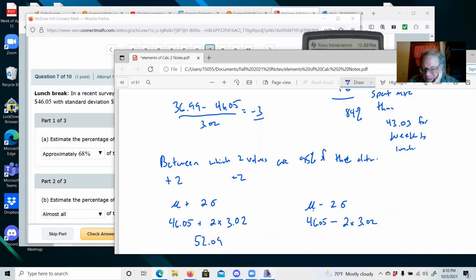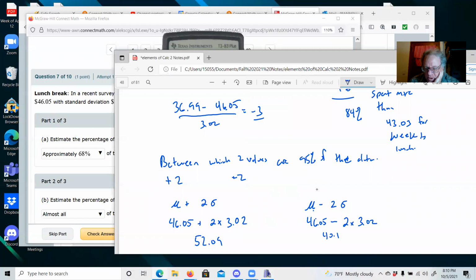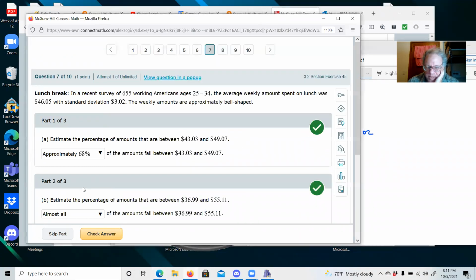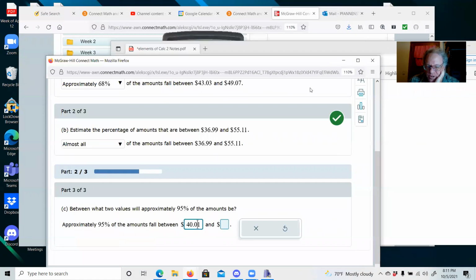We're just going to type that in. 46.05 minus 2 times 3.02. I get 40.01. Okay, so we know that it is going to be between $40.01 and $52.09.